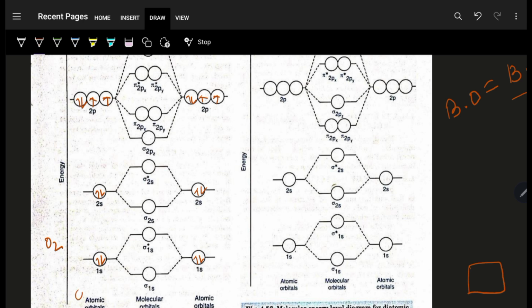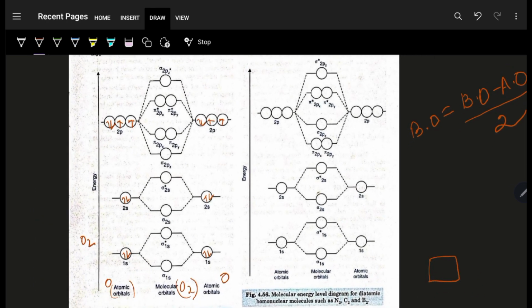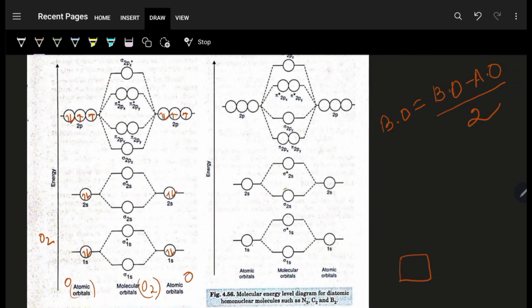So this is oxygen, this is also oxygen atomic orbital, and this is the O2 molecular orbital. First I draw the molecular orbitals as per the knowledge we have gained: if it is greater than 14 electrons, then it is sigma 1s, sigma star 1s. Sigma 1s is less than sigma star 1s, then comes sigma 2s.